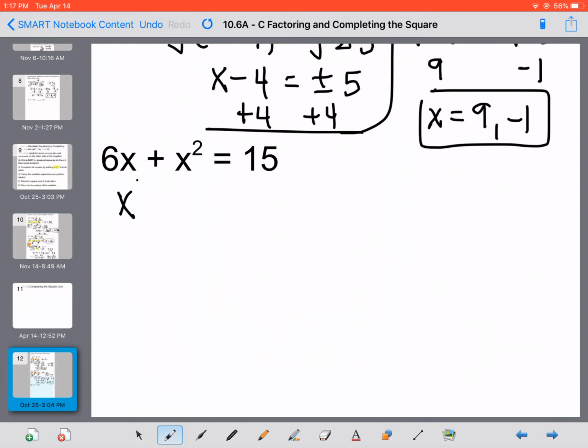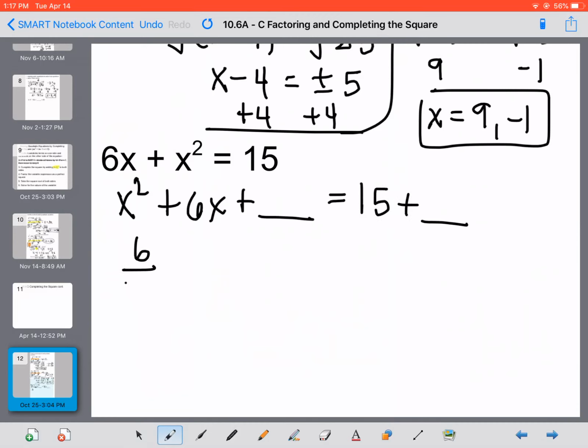So I need to rewrite this as x squared plus 6x, and then I'm going to put in that blank, equals 15 plus blank. So we've got to figure out the blank by taking b divided by 2 and squaring it. So 6 divided by 2 squared is 9. So 9 is going to go in both of our blanks here.